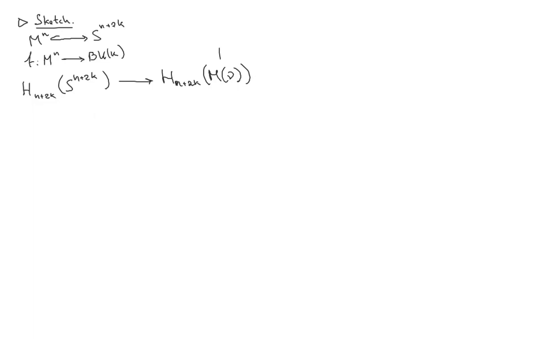So this is the Thom space of the normal bundle. And then we have a morphism from here to the homology of MU_k. And here we have two Thom isomorphisms.